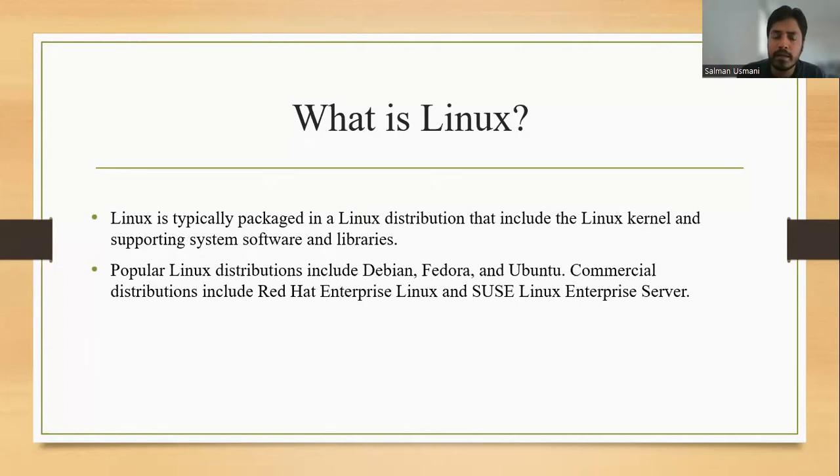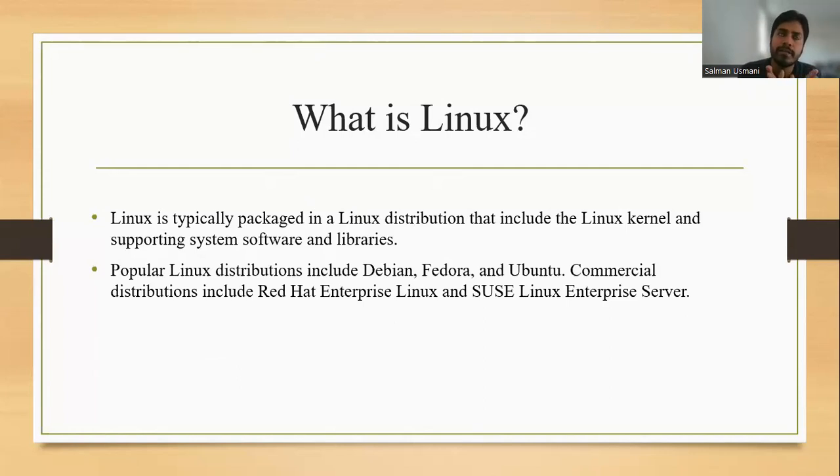If I give a bookish definition, Linux is typically packaged in a Linux distribution. Each operating system comes with its distribution when you install it. The most important component of that OS is the kernel, and then there are some supporting system libraries and software which come with each operating system, and those will also be installed into your system.